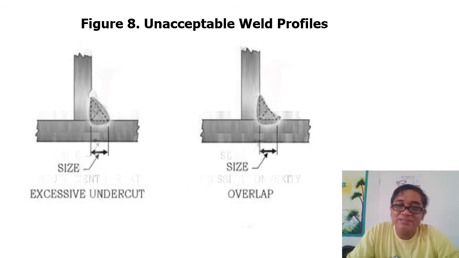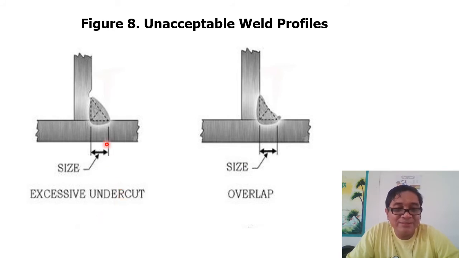Another unacceptable weld profile, the excessive undercut, in which there is an undercut on the part B. Okay, so this thing here, and the other one is the overlap. There's an overlap right on the base metal.